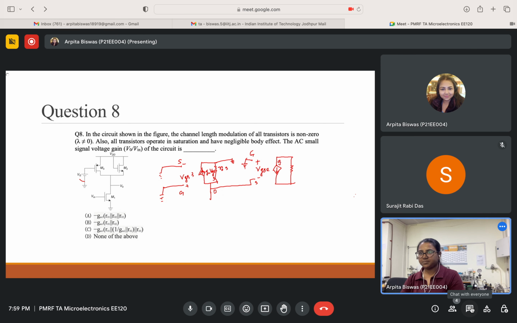This is gm, VGS2, gm2, gm3, and this is r02, and from here it is grounded. And this is the source portion. Yes, this is all right. And from there also the drain portion.